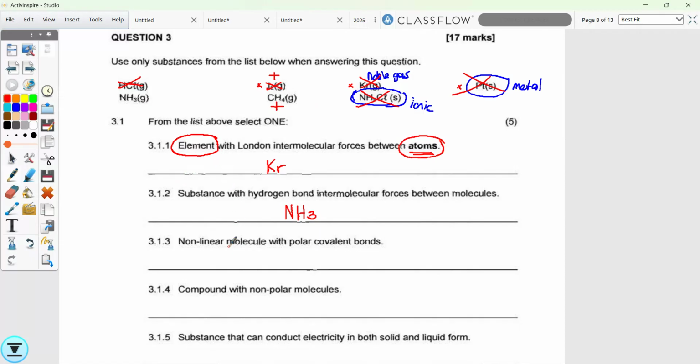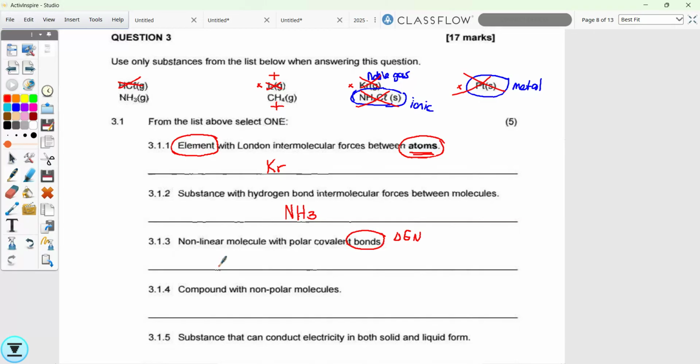So they say non-linear molecule with polar covalent bonds. If they ask me about a bond, what do I look at? Difference in electronegativity. So it could be NH3 or CH4. Which one is it? Or is it both? NH3 because N and H are different, but it could also be CH4. They're also different.